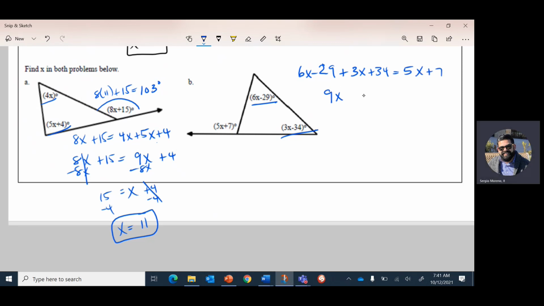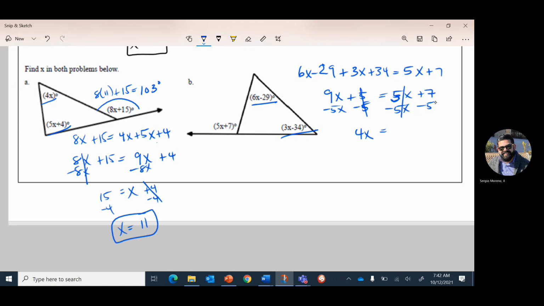Simplifying here, I would get 9x plus 5 is equal to 5x plus 7. I'm going to subtract 5x from both sides. At the same time, I'm going to subtract 5 from both sides to get this 5 away from the x term. So now I'm left with 4x equals 2.